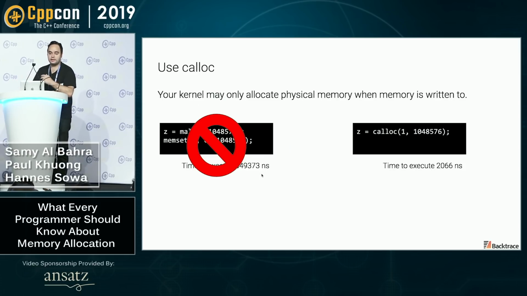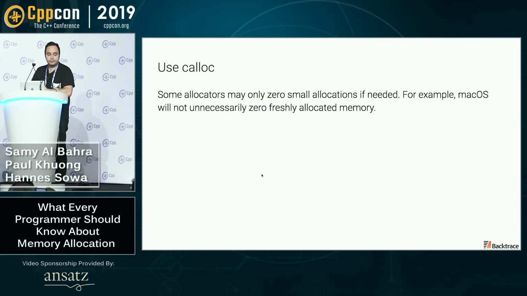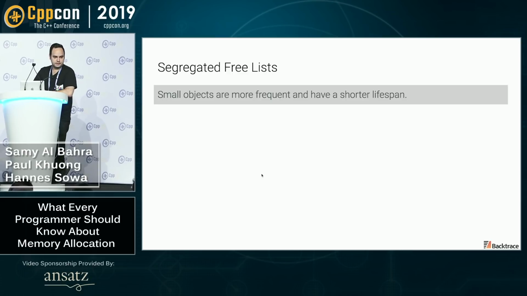This is actually why you have this big disparity between the two. This also applies to small allocations as well. Not all allocators will take advantage of this, but for example, macOS will not necessarily zero freshly allocated memory, and there is a performance differential associated with that.